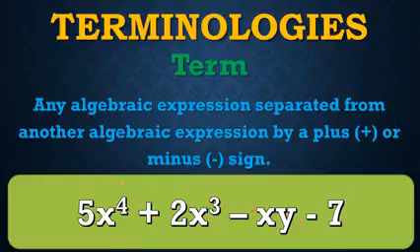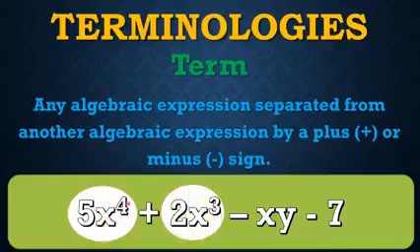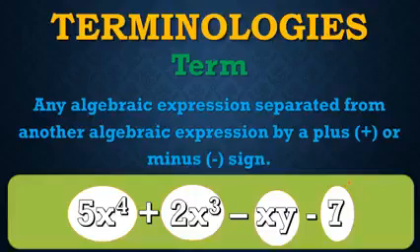So in this example, our terms are 5x to the 4th power, isang term. 2x cubed is another term. xy is another term. And negative 7 or 7 is another term. Okay? So we have 4 terms in total. So we have 5x to the 4th, the 2x cubed, the negative xy, and the negative 7.